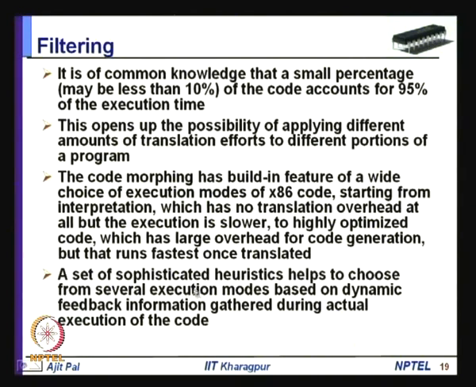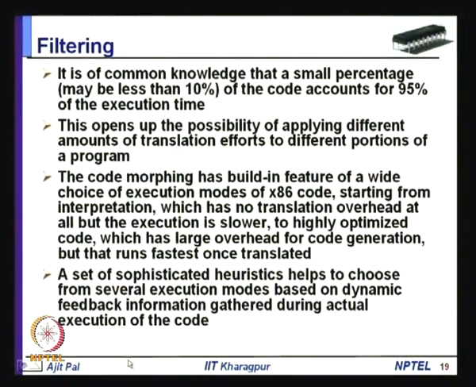So, a set of sophisticated heuristics helps to choose from several execution modes based on dynamic feedback information gathered during actual execution of the code. So, what is being done: a particular program you may be running many times.